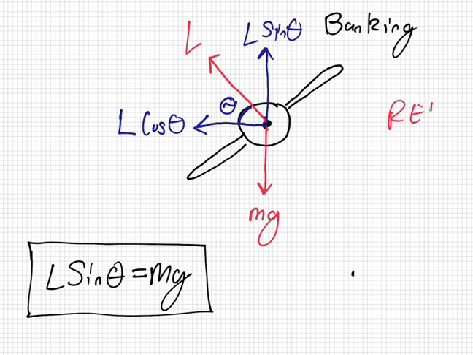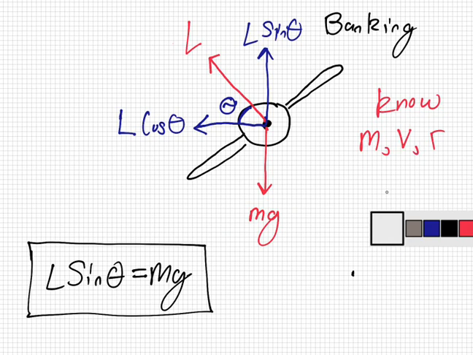So we know the mg, and we have L here, and it's going in a circle, so we can know the radius and we will know the V. We know the M, the V, and the R, and I want the theta.